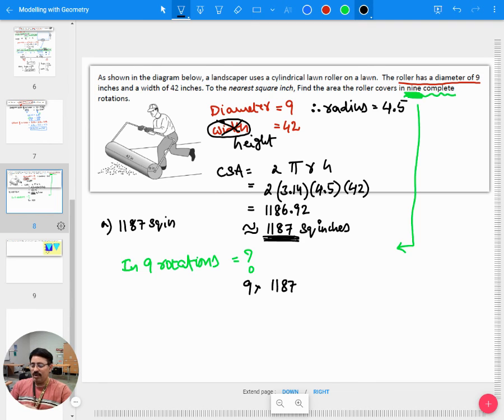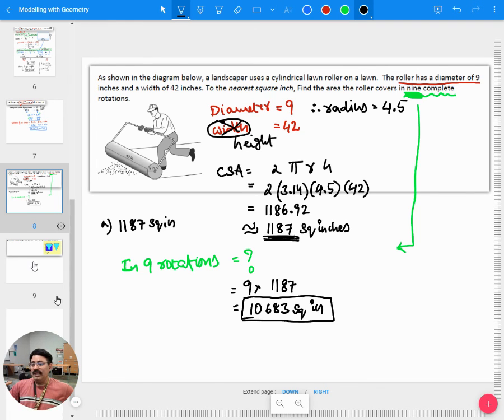Let me grab my calculator. 9 times 1187 square inches, 10,683. So 10,683 square inches of lawn is covered by this roller in 9 rotations.